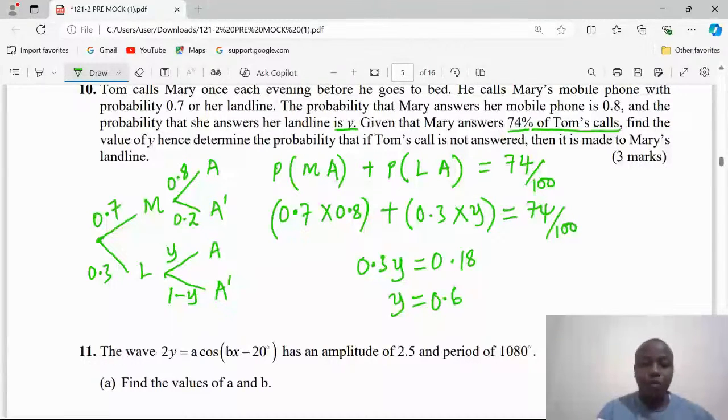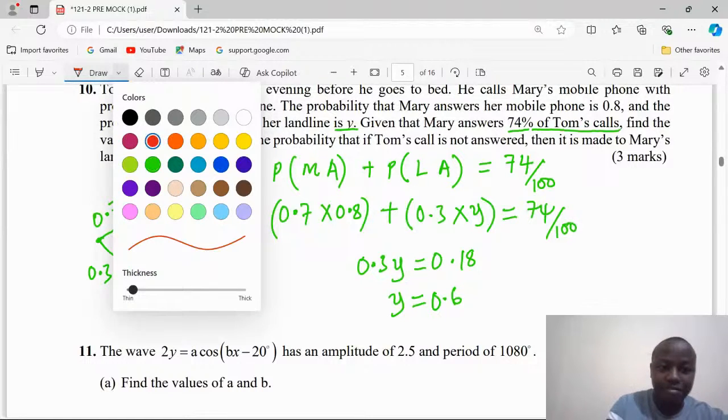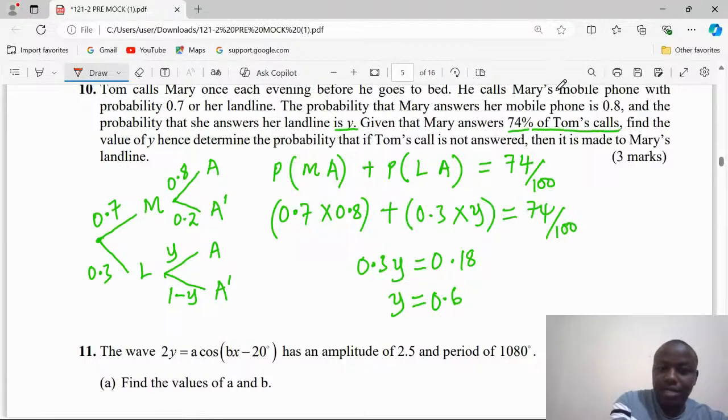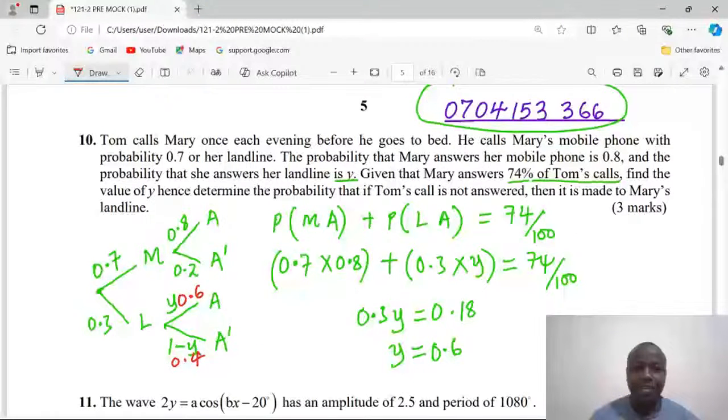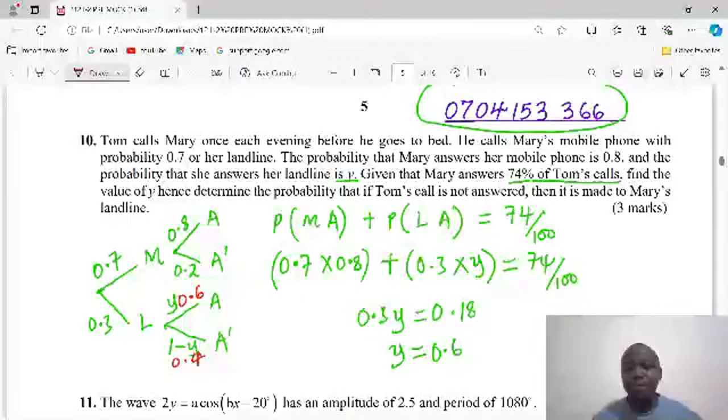Now that the value of Y is known, we can fill a few gaps: this is 0.6 and this is 0.4 now. The question is that if Tom's call is not made to the mobile, then it's made to Mary's landline.